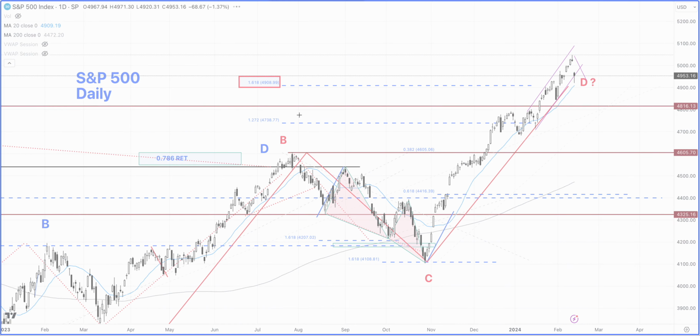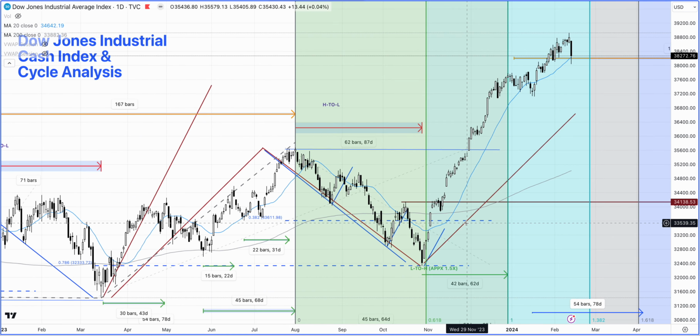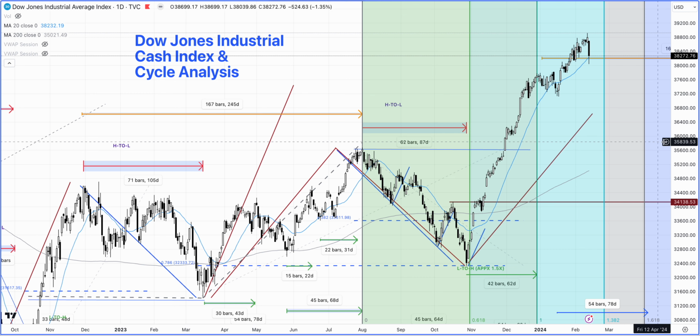So this is the daily chart of Dow Jones Cash, and here we have a key date coming in on 27th of February 2024. We are not there yet, but we are beginning to see some volatility come in, and it's possible with this kind of price action it could be just a one day wonder, because it went right to the 20-day moving average, and of course buyers stepped in at the bottom of this range right here.